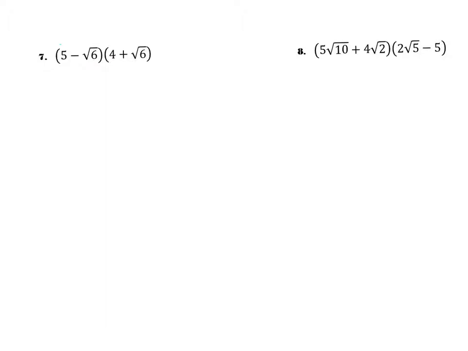So I am going to start with the 5, and I am going to distribute that to the 4, and I'm going to come back and distribute that to the square root 6. So let's start talking about that 5 times 4, which is 20, and then I'm going to multiply 5 times the square root 6.